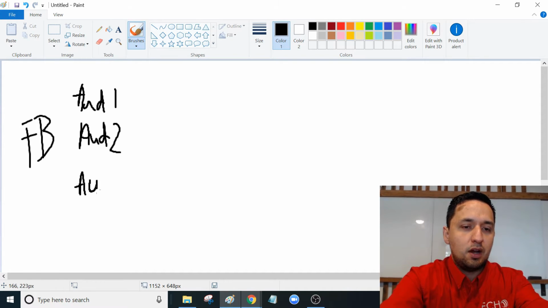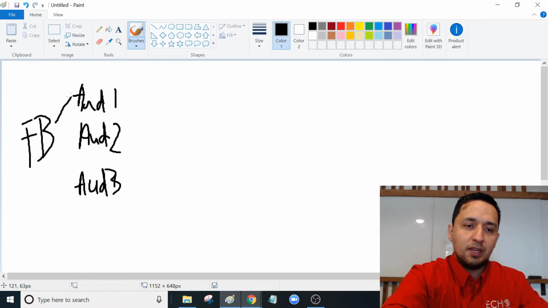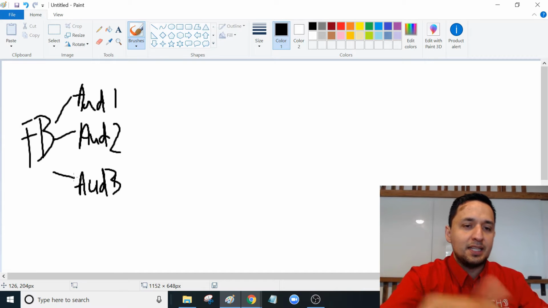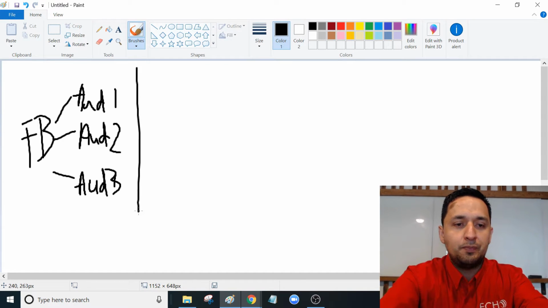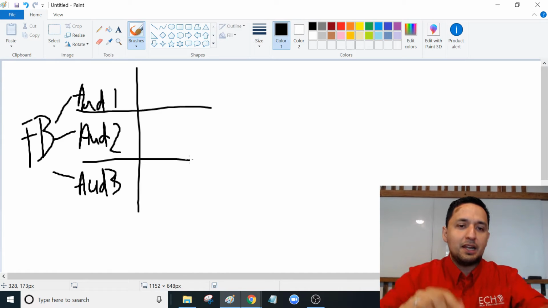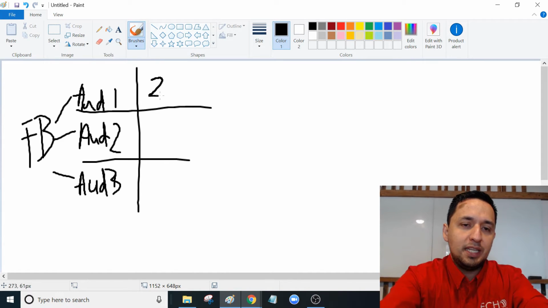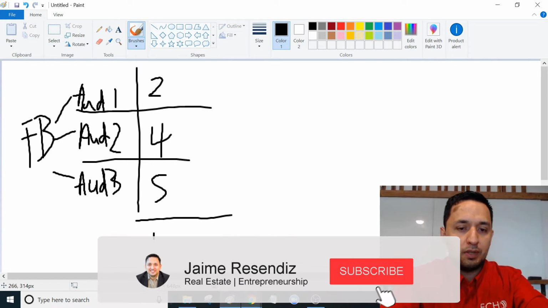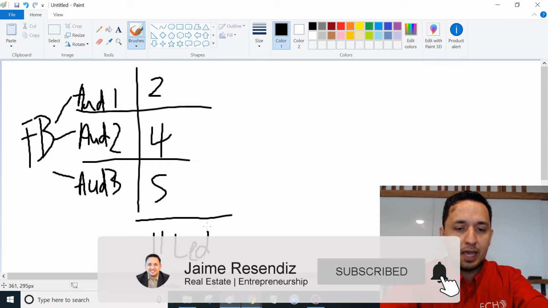Then they target audience 3, people between ages of X, Y, and Z. So they run an ad and try to get some leads. Now, the results all vary depending on that ad copy, that image, everything that I mentioned. So they may get 2 leads here, 4 leads here, 5 leads here. And you know what? That's fantastic. They have a total of 11 leads. Great. That's amazing.